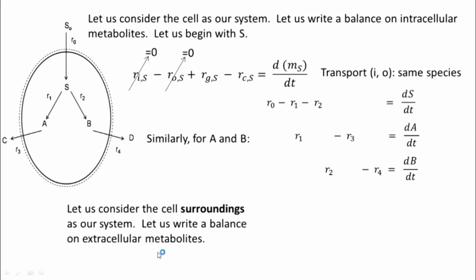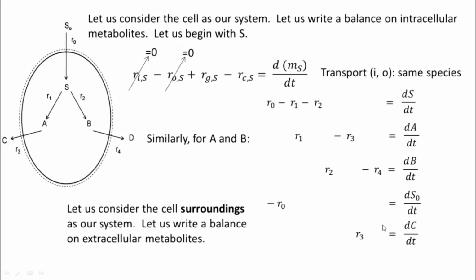So if we write a balance on the extracellular metabolites, first on S0, S0 is getting out of the system here. This is our system now. It's getting out of the system. Therefore, there is no input, but there is an output, and therefore minus R0, which comes from here. It is not being generated, it's not being consumed. So minus R0 is dS0/dt.